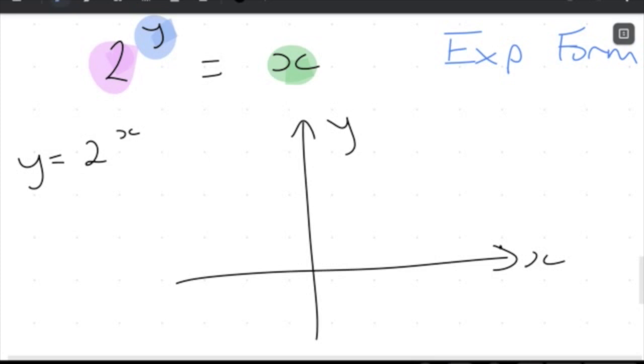If we remember this, let's draw a nice red box around it. This resembles what I wrote up here in exponential form, but there's one difference. In the exponentials we observed previously, the y and the x have swapped places.